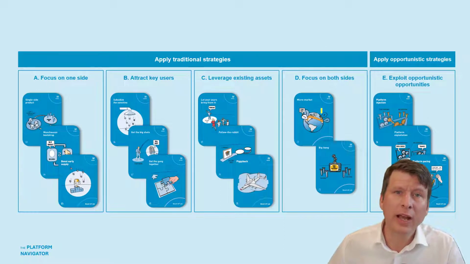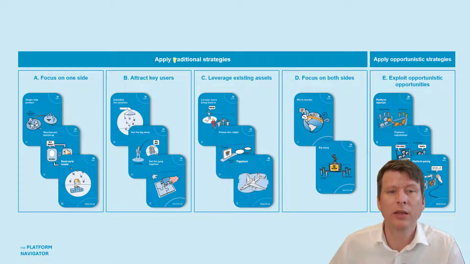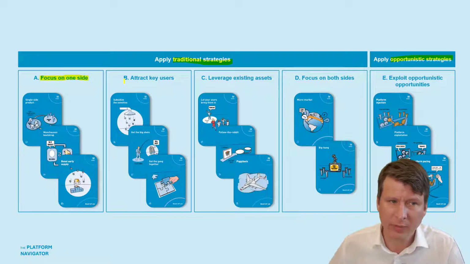There are really two types of strategies which we can leverage: traditional strategies and opportunistic strategies. If we talk traditional strategies, we can really focus on one side first. If we have multiple sides of a market, we can just focus on one.